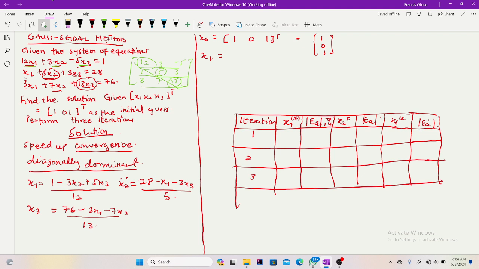You just take this equation and put in our original values. So I'll have 1 minus 3 multiplied by x2, which is 0, right? That's the current value we have. This is Gauss-Seidel, so we always use the current value. 5 multiplied by 1, right? All over 12.